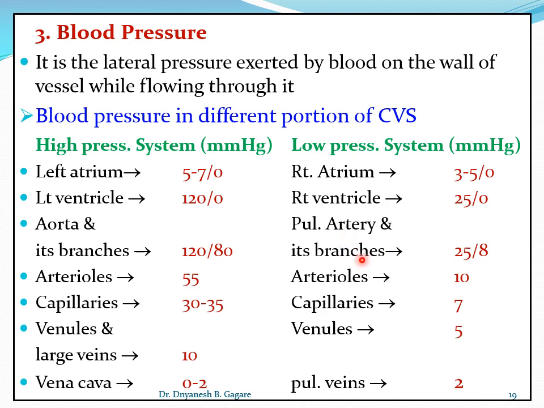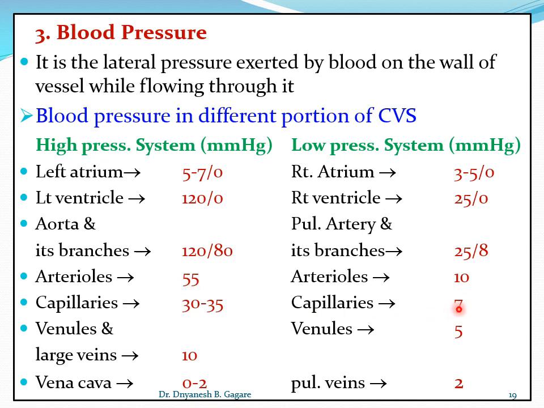Then if you go to the pulmonary artery and its branches, the systolic blood pressure is 25 and diastolic is 8 only. If you compare with the systemic circulation, it is 120 by 80, here it is 25 by 8. Then in the arterioles of the pulmonary circulation, the blood pressure is only 10 as compared to systemic.